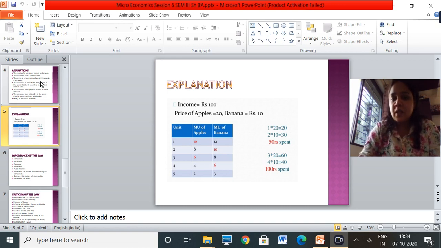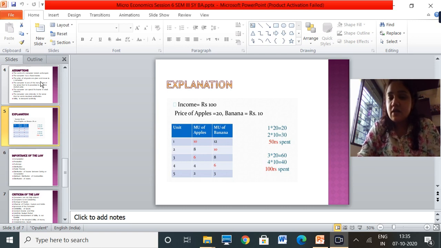Let us see now. We have been given as the first column the units. So units are increasing: 1, 2, 3, 4, 5. Then we have been given the marginal utility of apples and the marginal utility of bananas. Usually what happens in case of the law of diminishing marginal utility is that as the consumer goes on consuming units of the same product, the marginal utility will tend to decline.